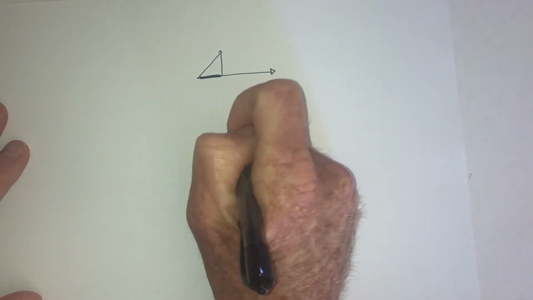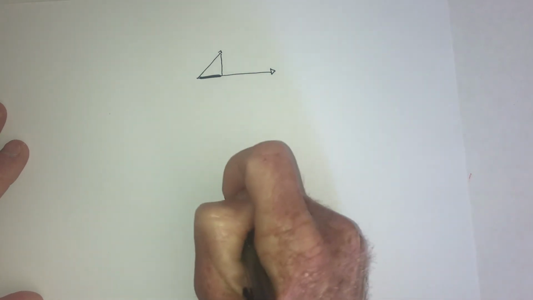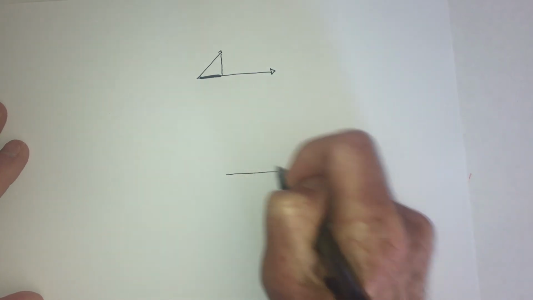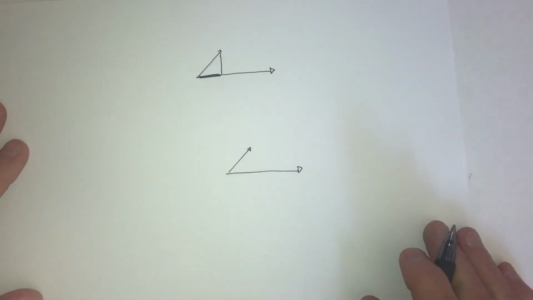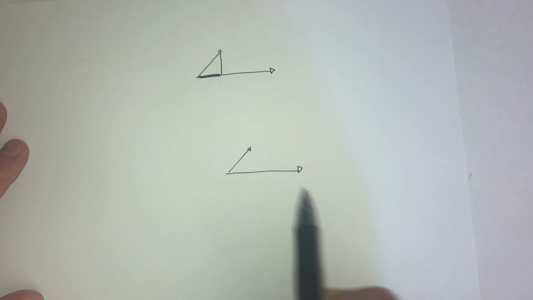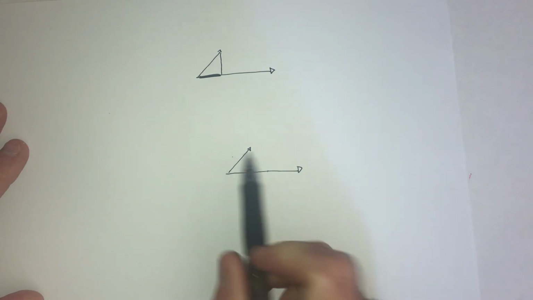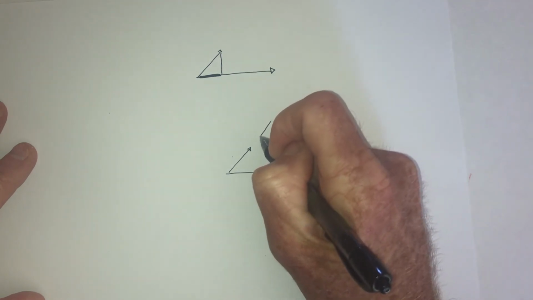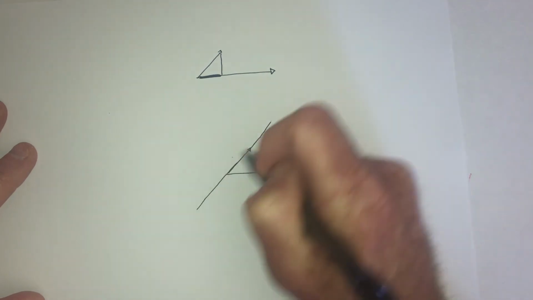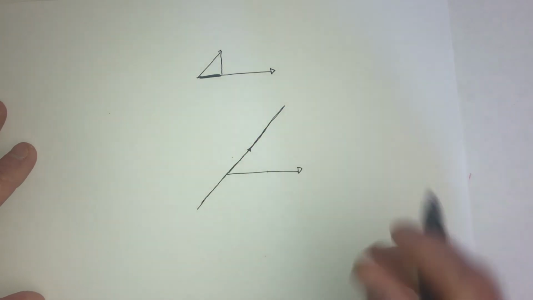Now, projection could also happen like, you could even start with the same picture, but now project this one onto this one. So basically what that means is you take the direction of this vector and you could just extend it out.